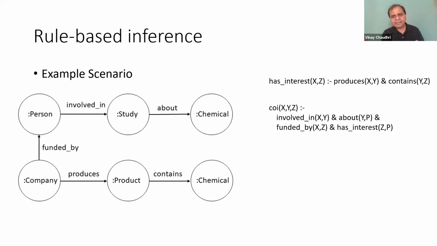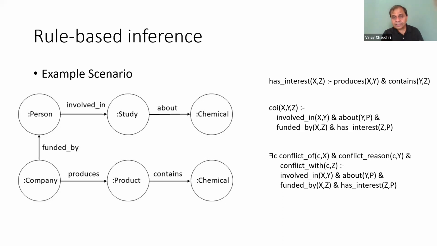And in multiple lectures, we talked about this idea of reification. Okay, that if we wanted the conflict of interest actually incorporated into the graph, we would have to reify this conflict of interest relationship. And that reification also we can capture using graphs. As you know, the basic idea in reification is that for any non-binary relation, we would have to create a new object, right? And in this case, we are introducing that object by putting an existential in the head of the rule.